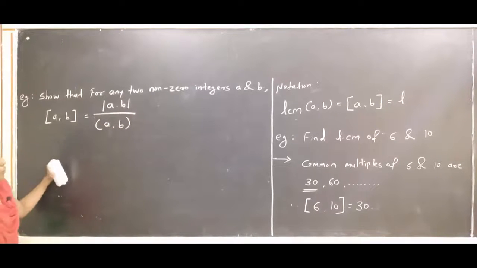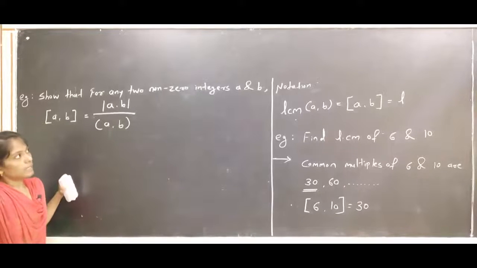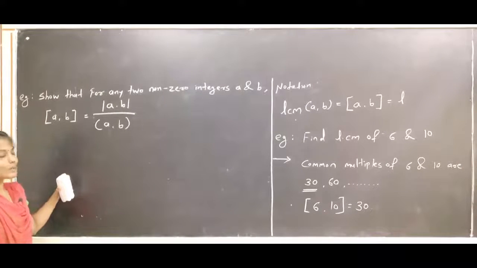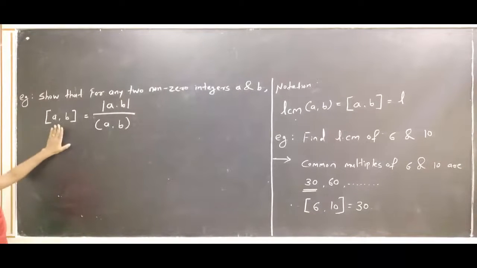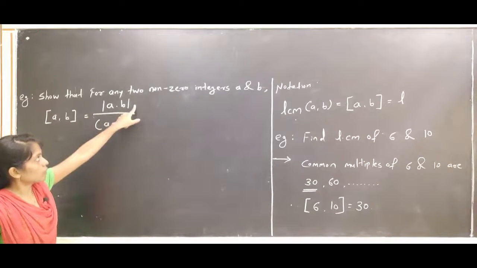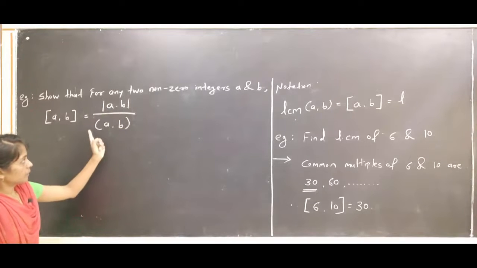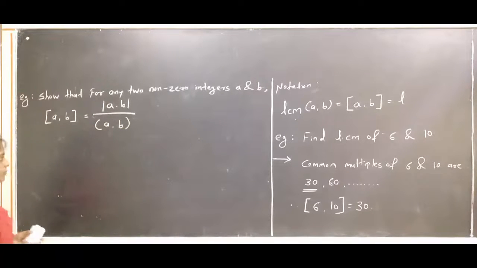So in this example A and B are two non-zero integers, and here we want to show that LCM of (A, B) is equal to the product of A and B divided by GCD of (A, B).